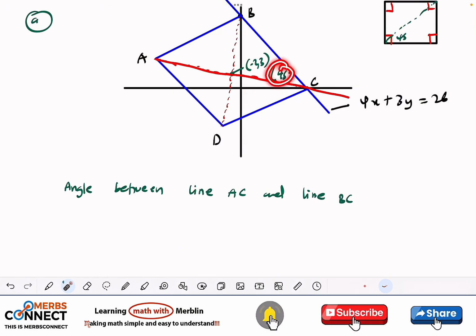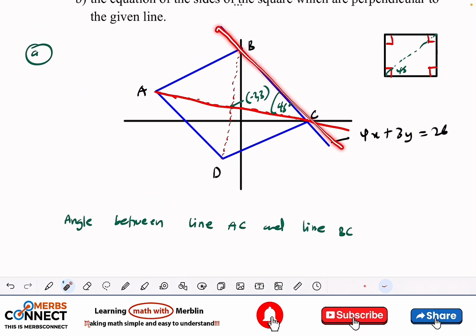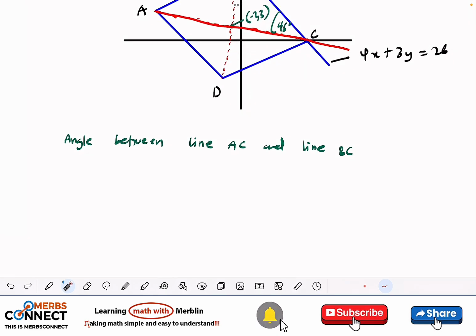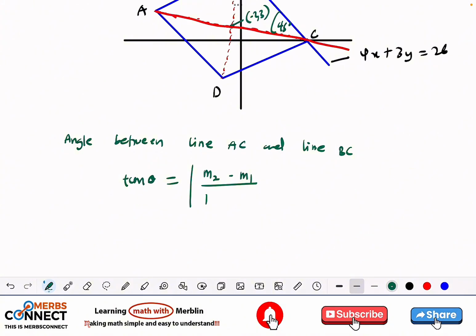Now we know the angle. We can use this line here to find the slope of this line too. So let's do that first. We know that tan theta is equal to the absolute of m2 minus m1 divided by 1 plus m2 m1.